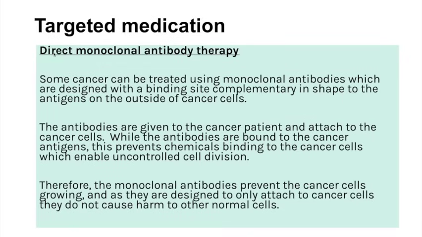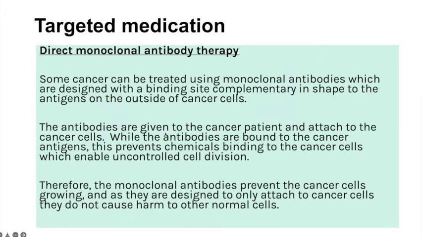So what we mean by that is some cancer can be treated using monoclonal antibodies, which are designed with a binding site complementary in shape to the antigens on the outside of the cancer cells. The antibodies are given to the cancer patient and they will then attach onto the cancer cells only.